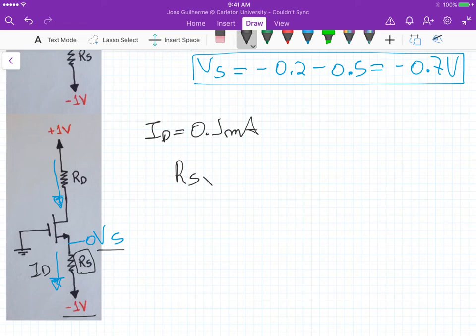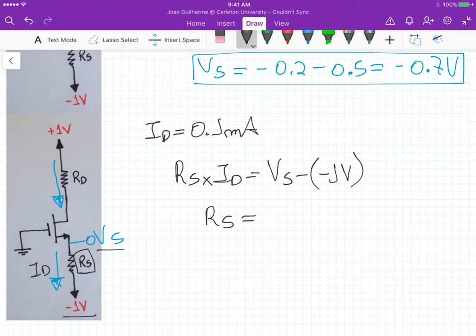RS times ID, by Ohm's law, should be equal to VS minus minus 1 volt. So RS is VS plus 1 volt divided by ID, which is 0.1 milliamps.